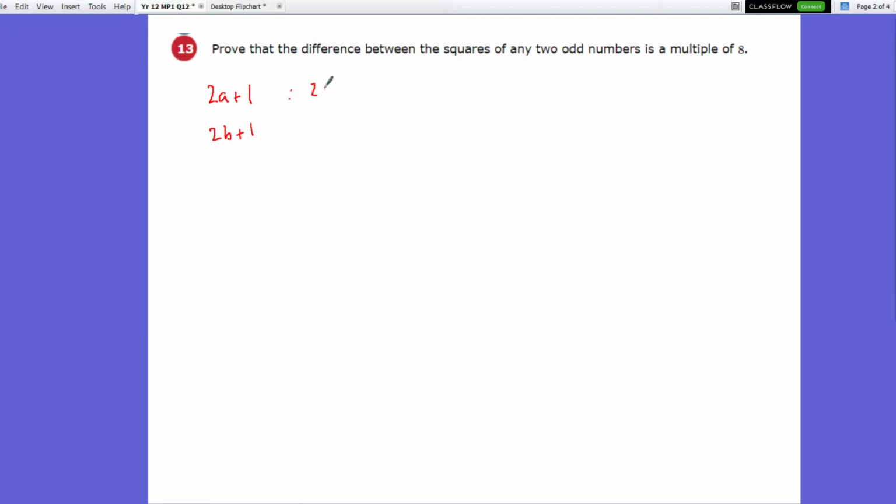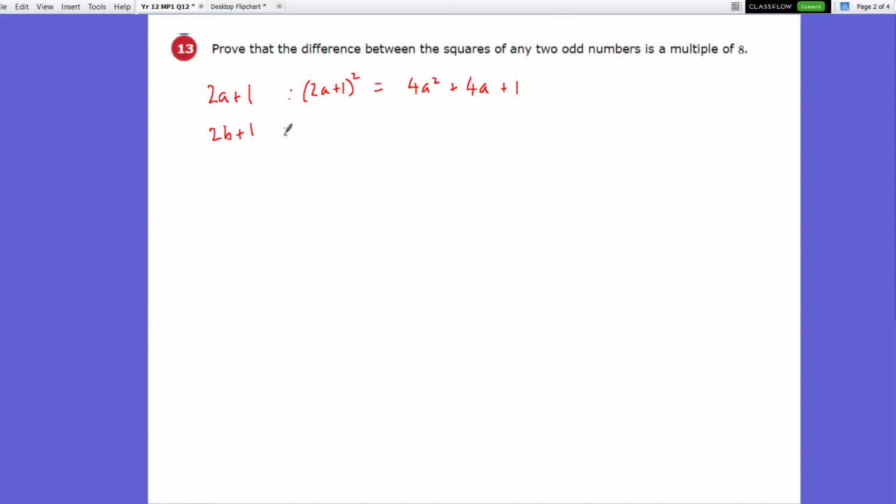So if we get 2a plus 1, we square this, we end up with 4a squared. 2a times 1 is 2a, double it is positive 4a, and 1 squared is 1.